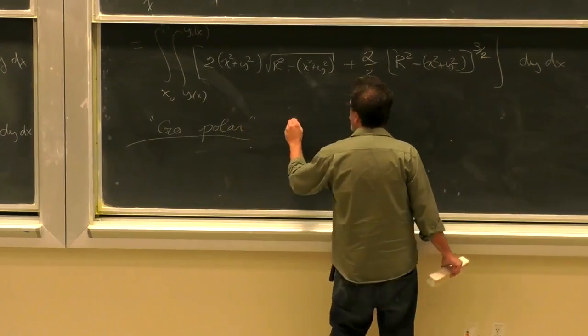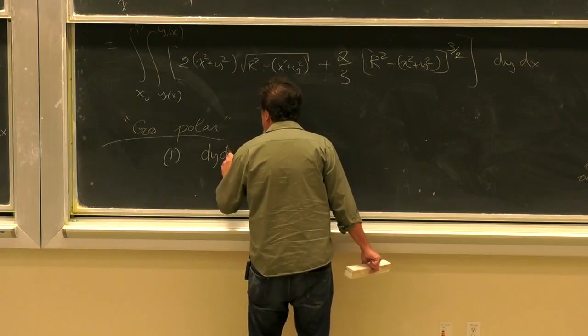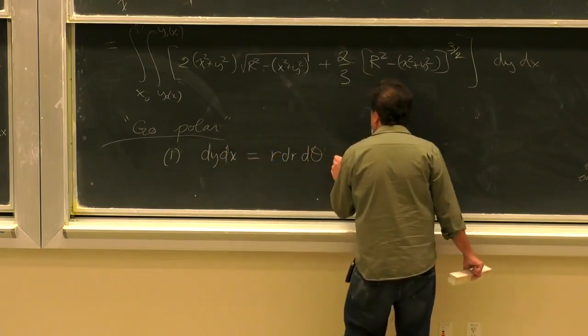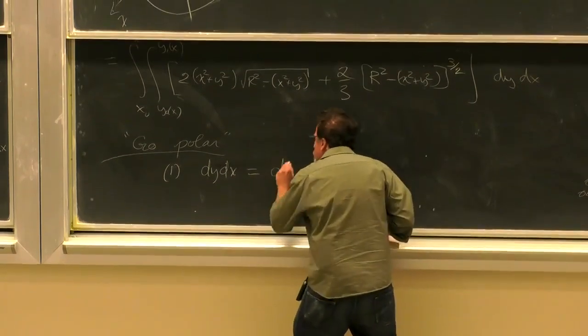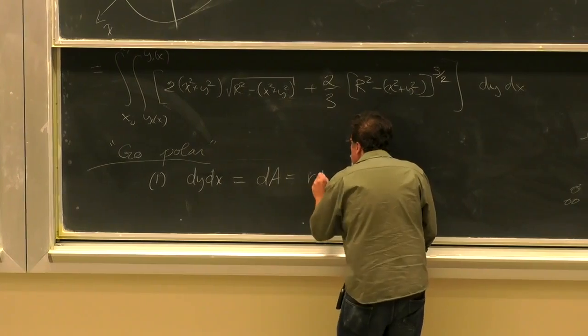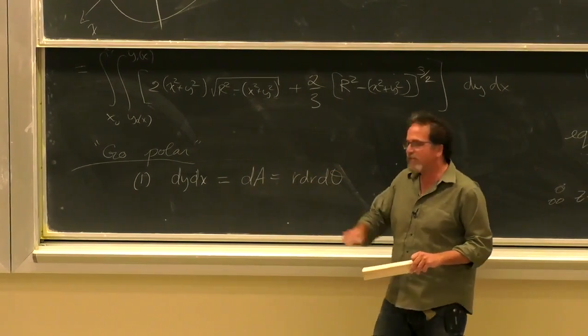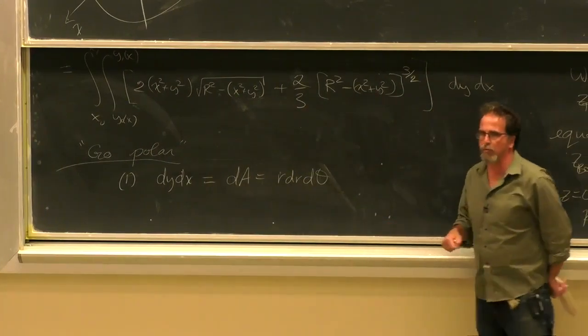First note, dy dx is equal to r dr d theta if you go polar. Put differently, dy dx is equal to dA, the area element in the xy plane, which is represented as r dr d theta. That's the important thing: that's the area element, and that's its representation in polar coordinates.